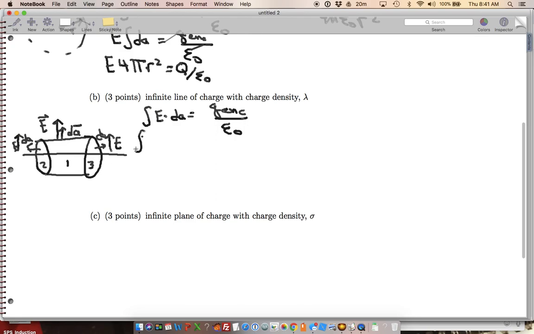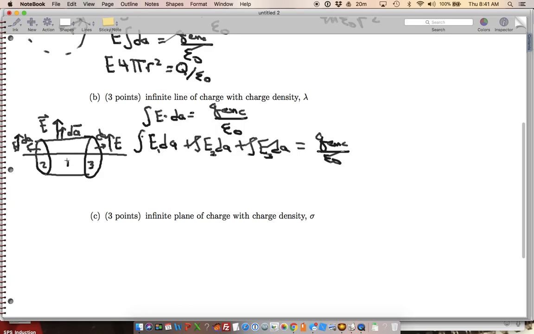So I'm going to have three pieces, and let's call 2 and 3 the same thing, right? So I'm going to have E dA1, plus E dA2, plus E dA3, is equal to Q enclosed over epsilon naught.